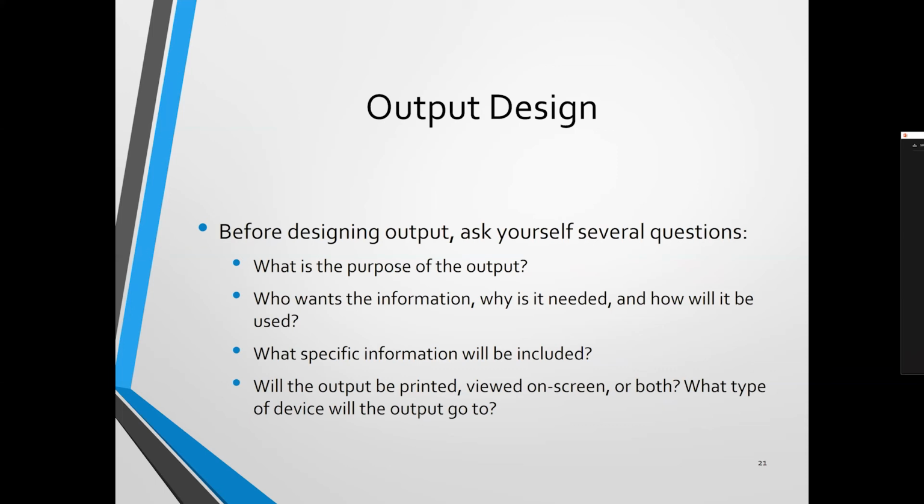Who do you have to serve this output for? Who wants this information, why is it needed, and how will it be used? What specific information will be included? Will the output be printed, viewed on screen, or both?